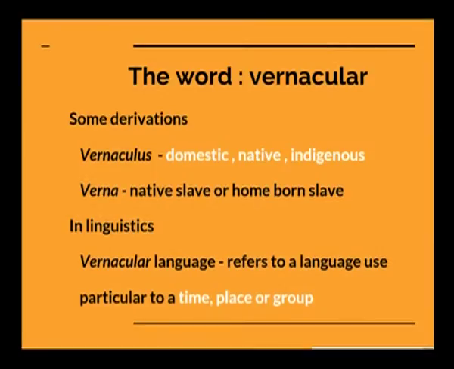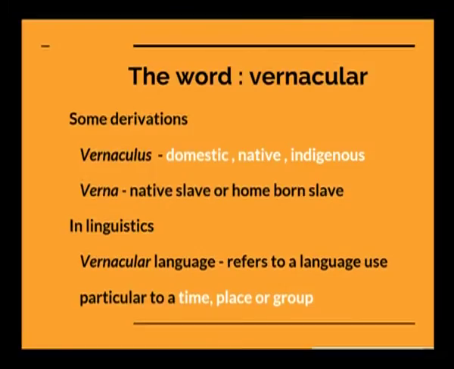So, in order to understand any field, any study or any specific character of any study, you need to look at the words, its etymology and derivations. So, when you look at vernacular architecture, let's look at how the word was derived. Vernaculus meaning domestic, native and indigenous. Verna meaning native slave or homeborn slave.